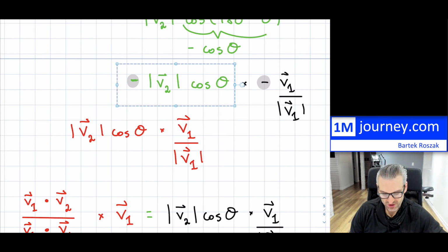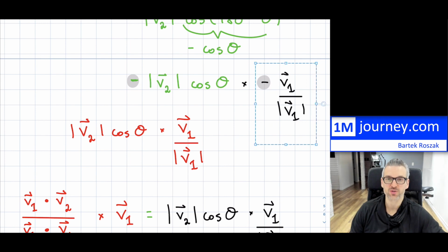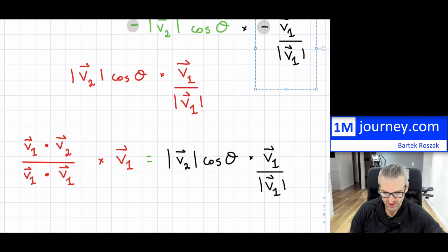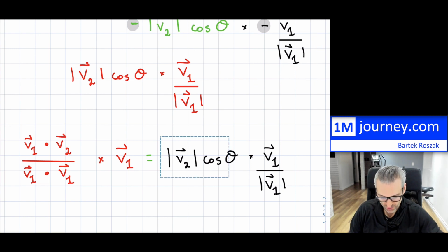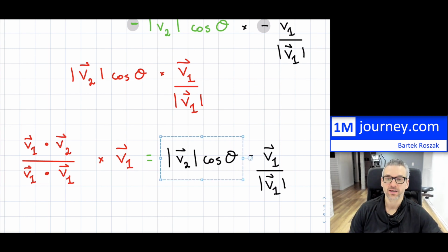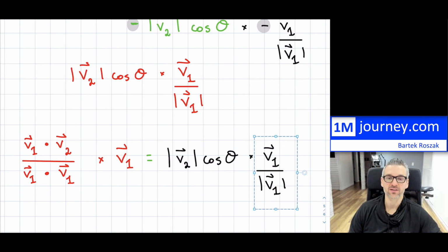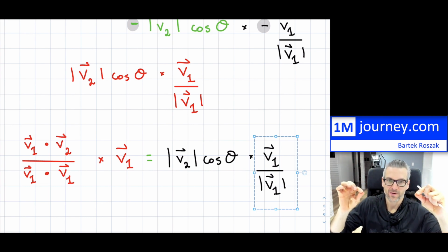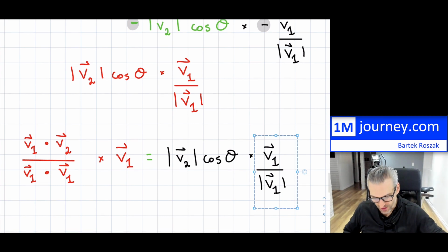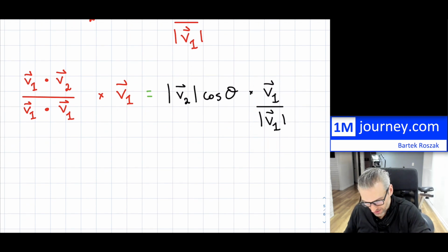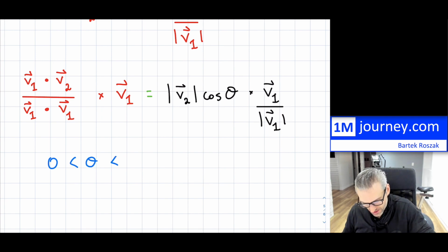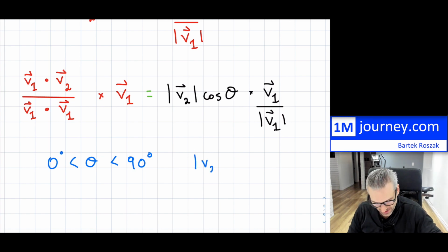The negatives canceled because here the projection also was negative. That's why our formula looks the same, but please don't think that the magnitude is this. The magnitude is that, but it's the negative of it. And then the unit vector is not this, it's the negative of this, and then the two negatives cancel. So if you're thinking about magnitudes only, then for angles between 0 and 90, the magnitude itself, if you're calculating it, would be this.